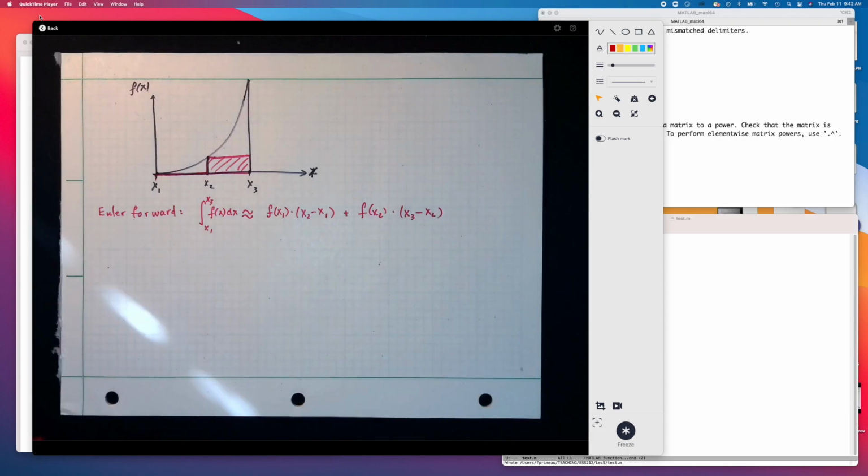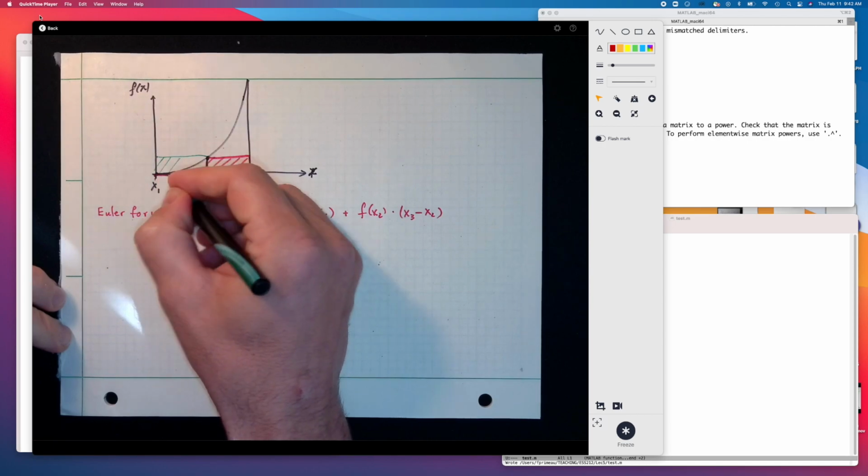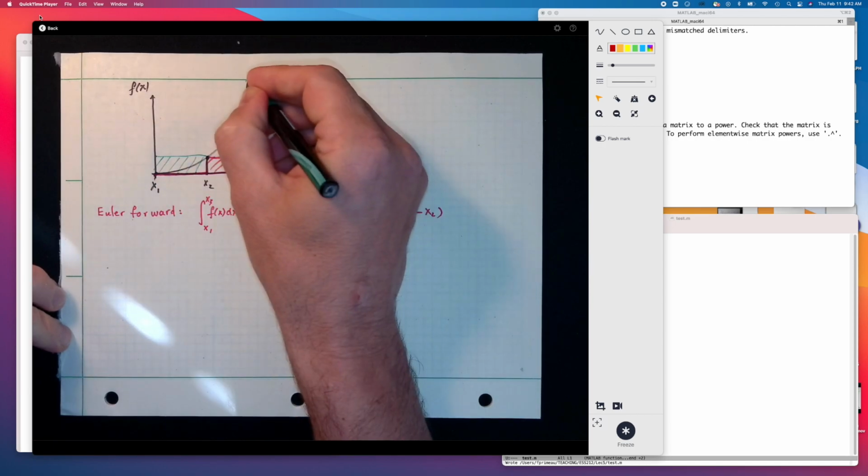Now, the Euler backwards is going to be similar, except we're going to go the other direction. We're going to evaluate the function here at the end of the interval, and then take a rectangle. So it'll be this one, and then this one.